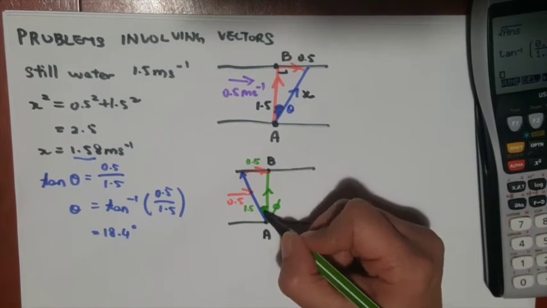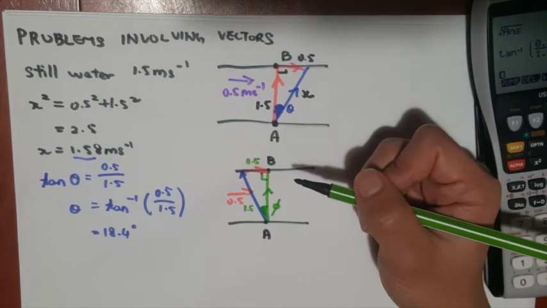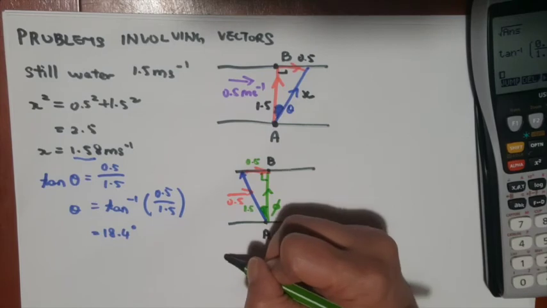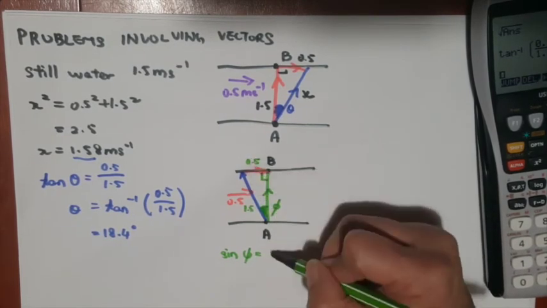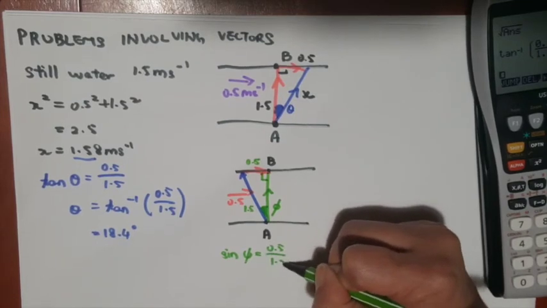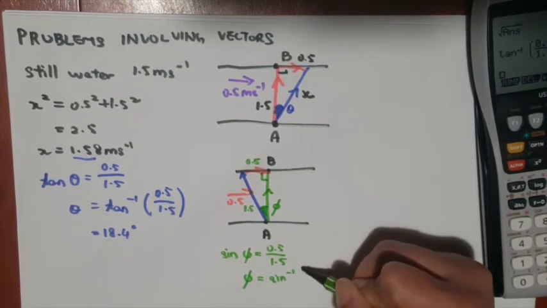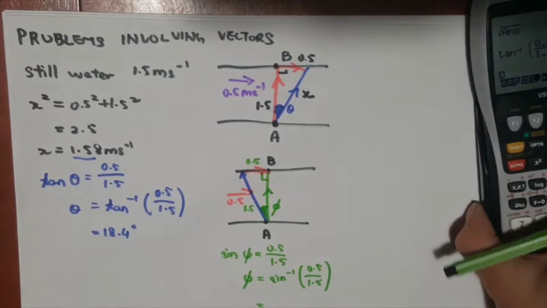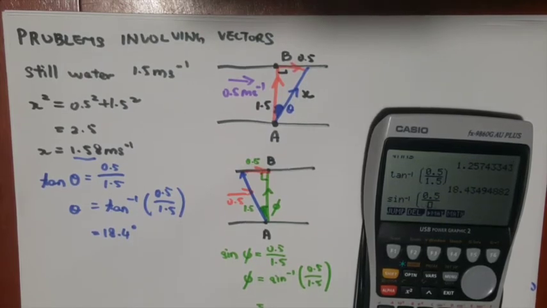To calculate the angle phi, we still need to use the right angle triangle, using trigonometry. We have opposite and hypotenuse, so we can use sine phi equals opposite over hypotenuse. To calculate phi, we can shift sine 0.5 over 1.5.